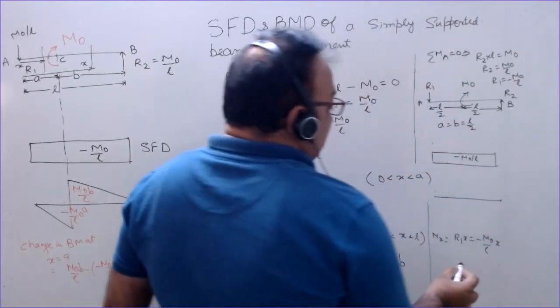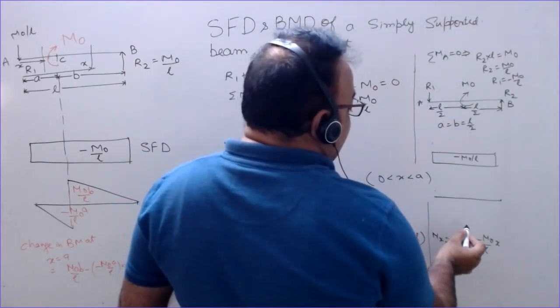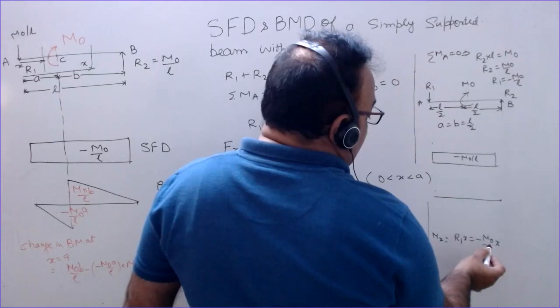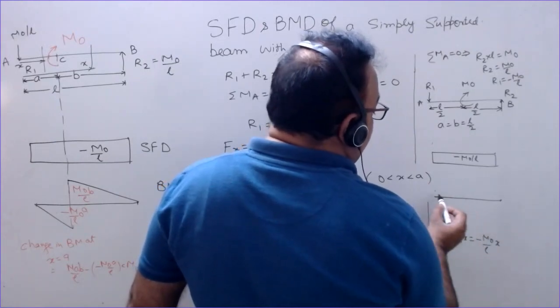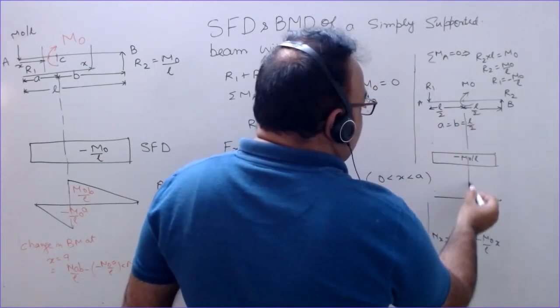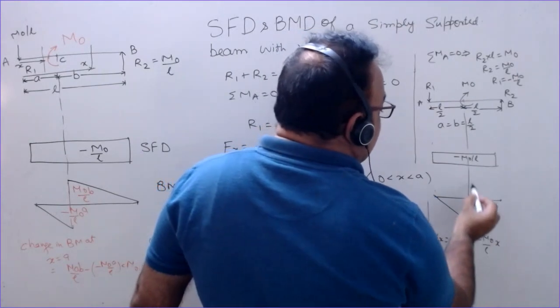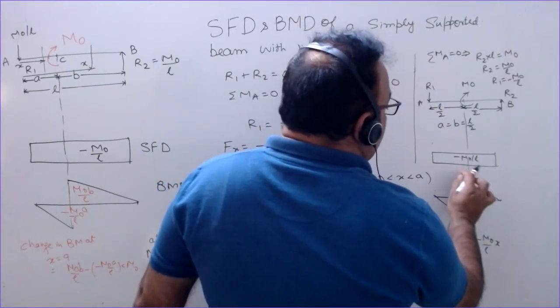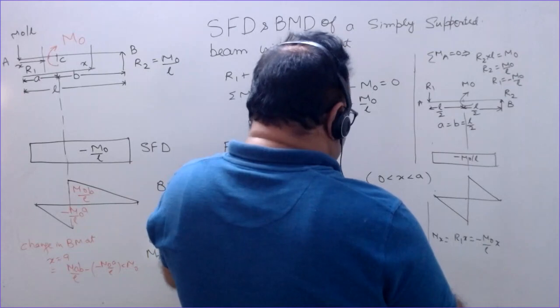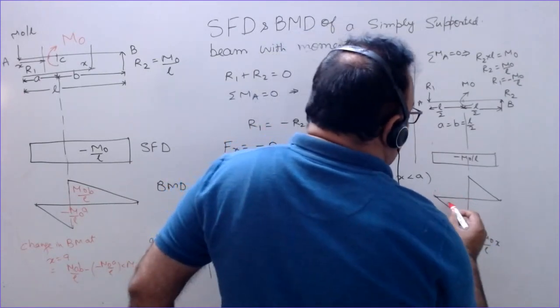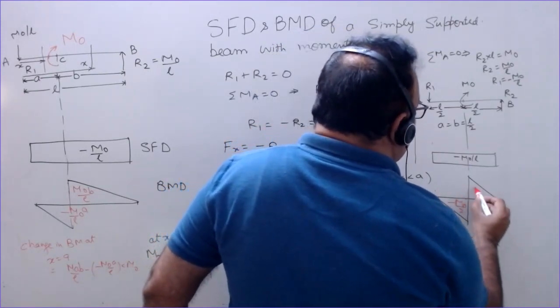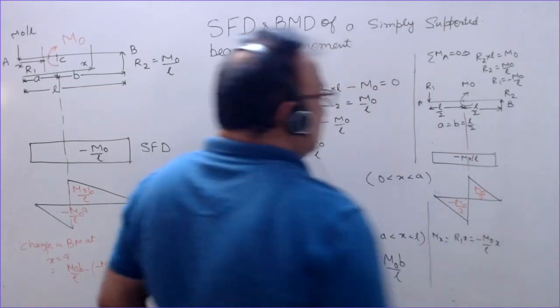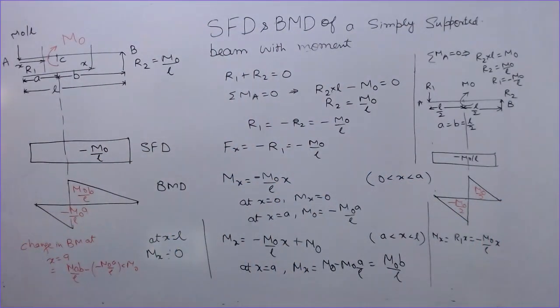So at x equal to 0, it is 0, and at x equal to L by 2, this is equal to minus M naught by 2. So this is the diagram. Minus M naught by 2 plus M naught by 2, this will be the change.